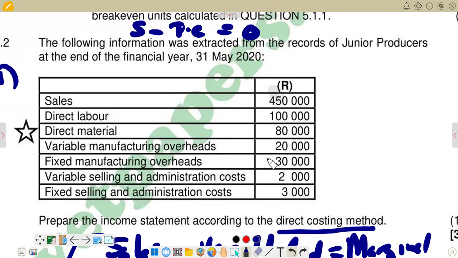And then we also have variable selling and distribution, 2,000, part of variable cost. And then also we've got direct labor, 100,000, a variable cost again. Then direct material, we've got 80,000, also a variable cost. So we're going to add all of this, then we get the total variable cost. So we can just go and list those.